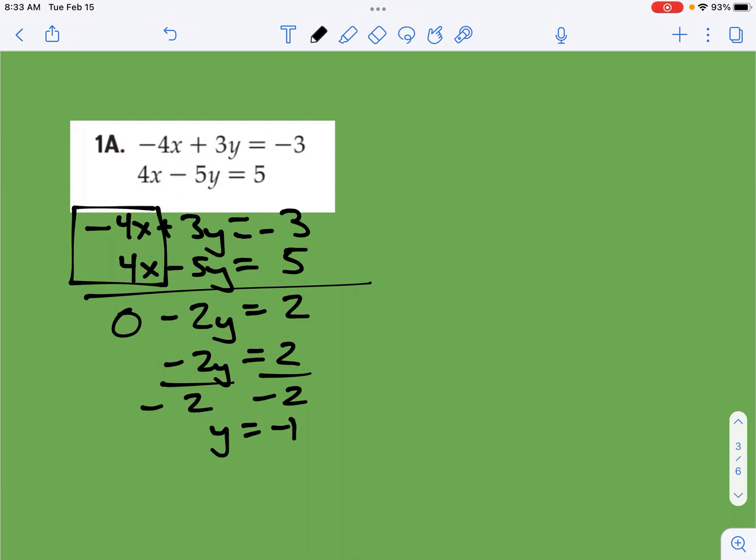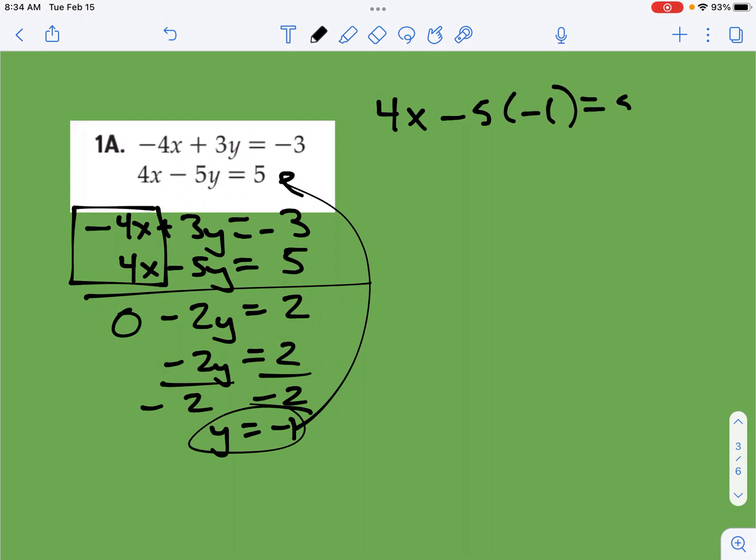Now I'm going to take this and substitute into this bottom equation. So 4x minus 5 times negative 1 equals 5. Well, these are going to cancel, right? So we're going to get 4x plus 5. Actually, I shouldn't say that. Double negative, it doesn't cancel, it just becomes positive.